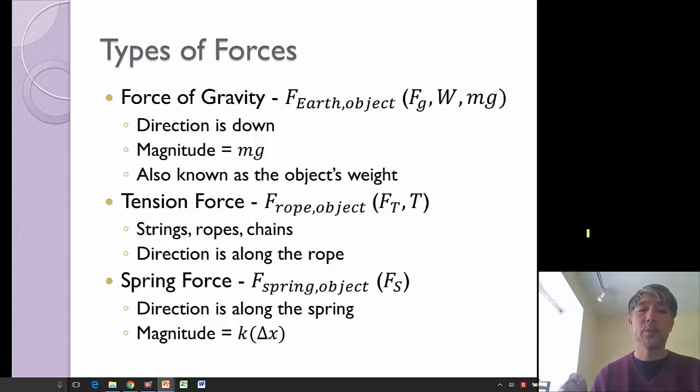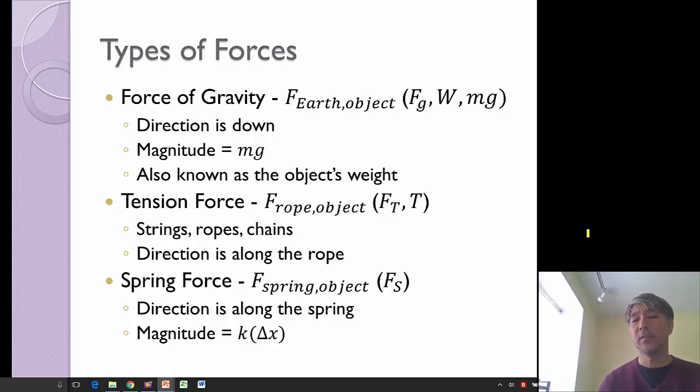Okay, the second force we'll look at is tension force. This is the force that corresponds to strings, ropes, and chains. Okay, the direction on this one is along the rope. Sometimes we'll abbreviate it as F sub T, or simply capital T. In long form, it's the force of the rope on the object, or if there are multiple ropes, force of rope 1, rope 2, etc. There is no formula for this force, okay?